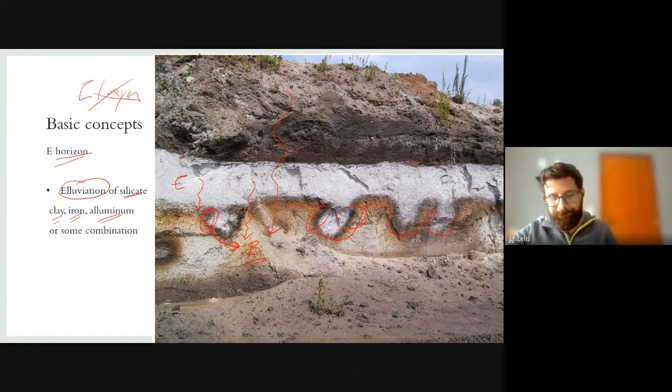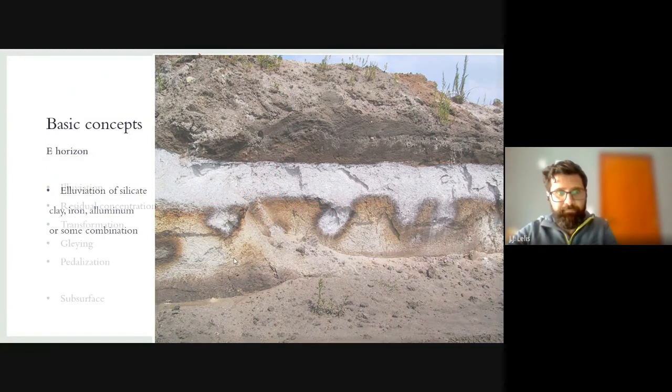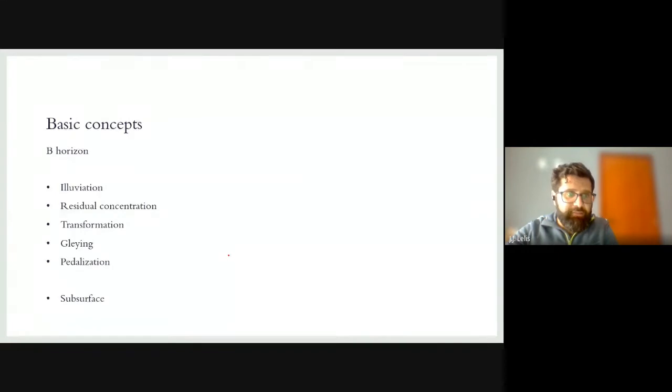Okay? What is a B horizon? It's a subsurface horizon, always a subsurface horizon, and only a horizon. We don't have a B layer because B is always produced by the interaction between the soil formation factors, okay? The B horizon can be identified in several processes.